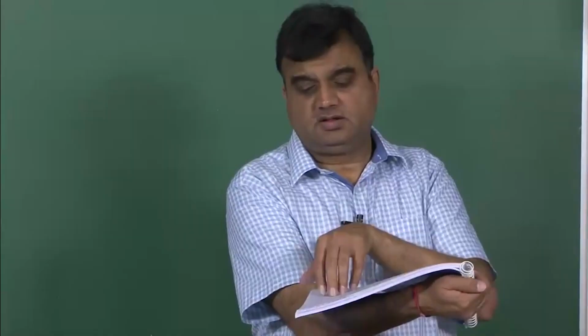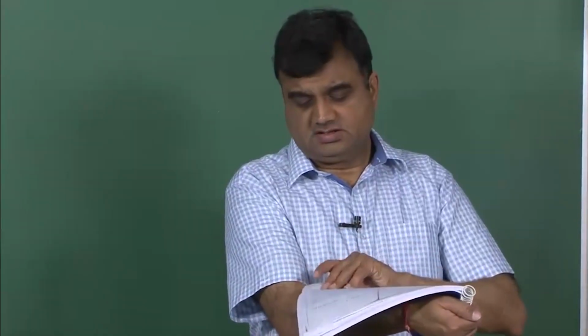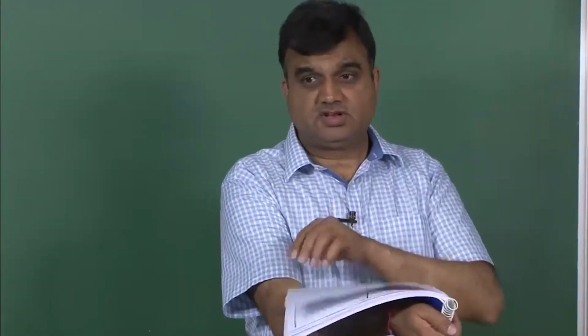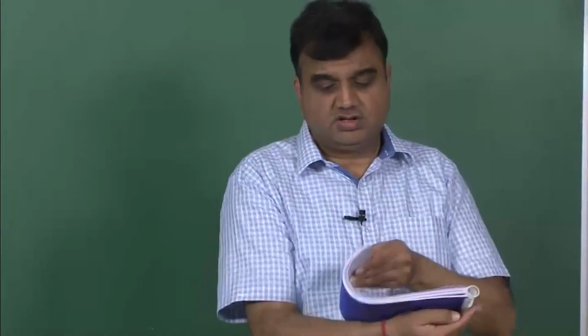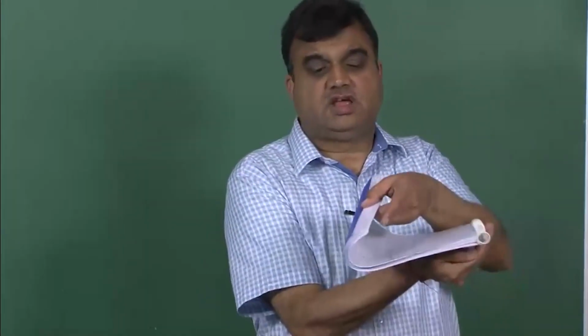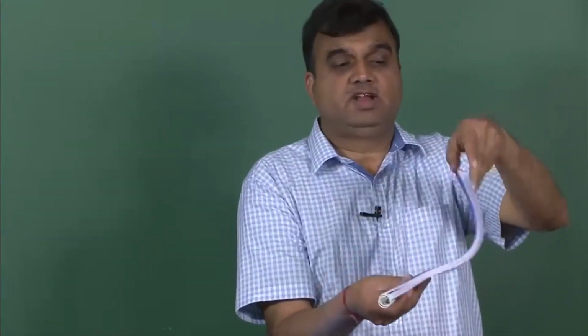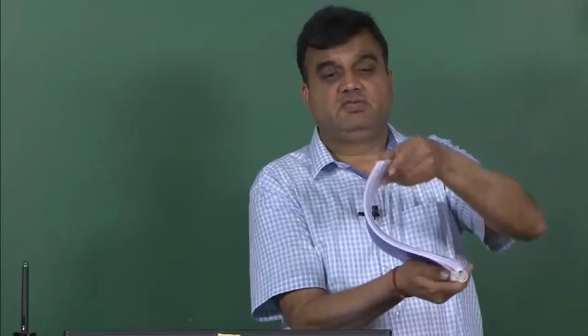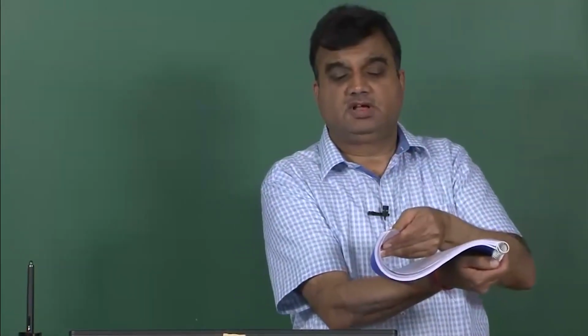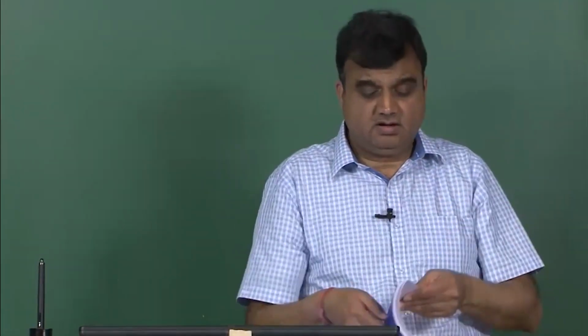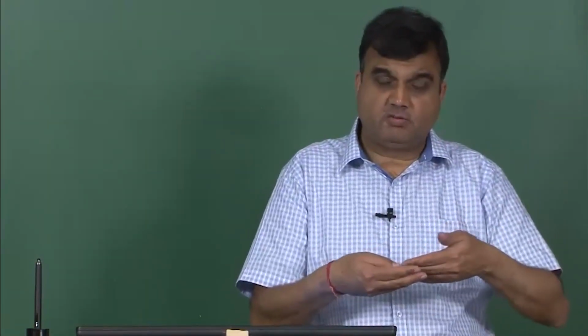As I bend it, page number 1 slides on page number 2, page number 2 slides on page number 3, and so on and so forth. This is how the edge will look like. When it is not bent, the edge is straight. When it is bent, the edge becomes longer, and also each layer slides on top of or below adjacent layers.